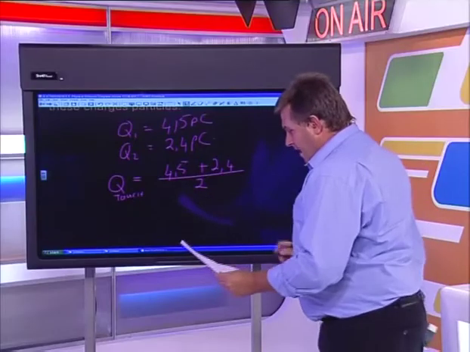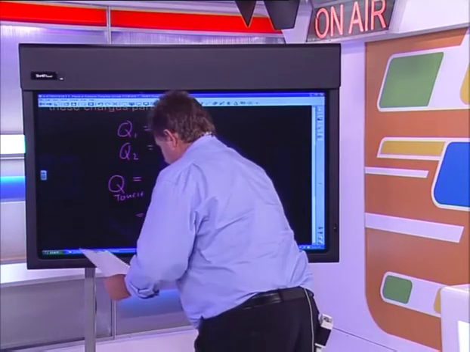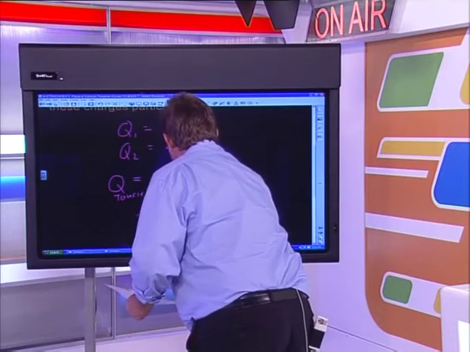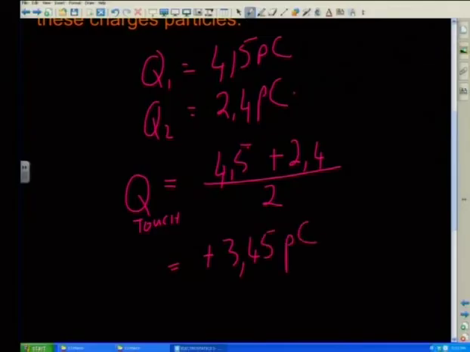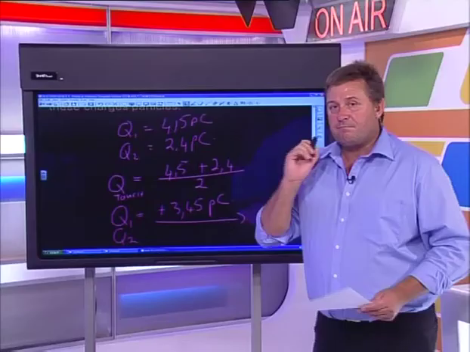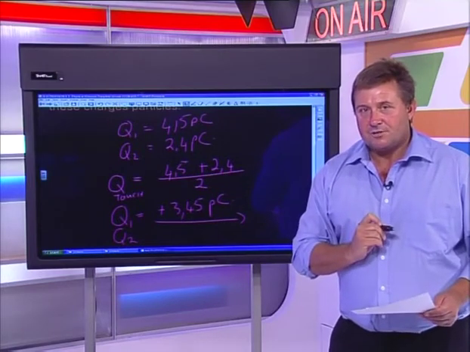So 4,5 plus 2,4 divided by 2, and that comes out to be plus 3,45 picocoulombs each. And that's going to be Q1 and Q2. Okay, so the two charges have both now got exactly the same amount of charge.